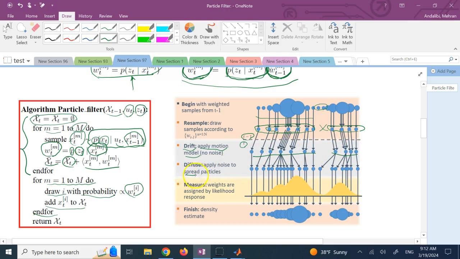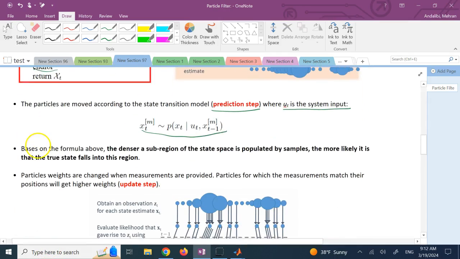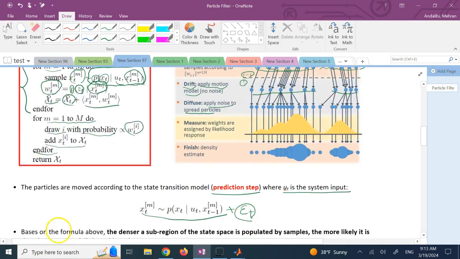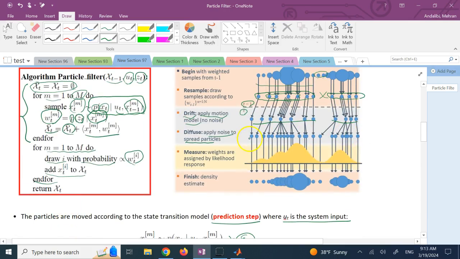If you have a chance to apply noise to the particles, go ahead and apply noise to that motion. So here, this transition, if you can, go ahead and add what? Some noise to it, if you can. If you know something about that noise, you can apply that noise. If you don't, then you can skip this step of diffuse.